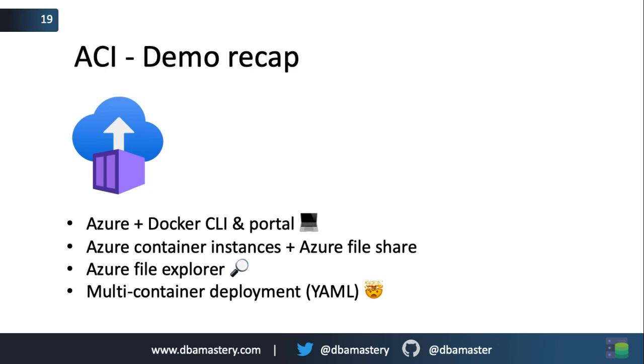I also introduced you to Azure Storage Explorer, this nice preview tool that helps you connect to your storage accounts and do lots of interesting stuff. And finally, a multi-container deployment using YAML. Sometimes it could be overwhelming, but trust me, once you figure out how this template works, it's easy.